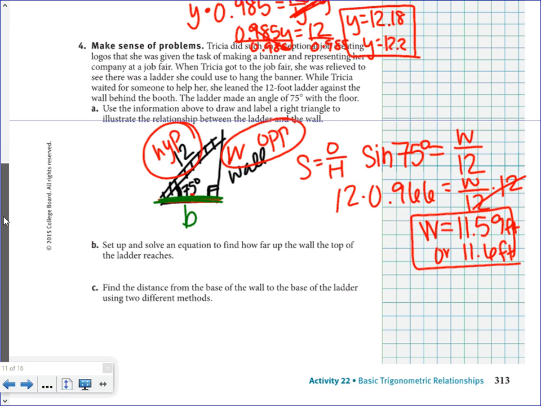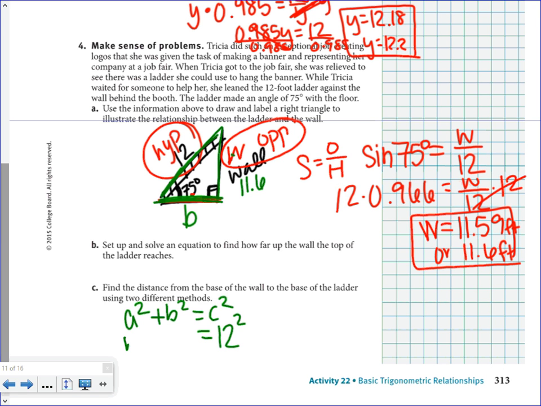So on this one, two ways to do this. You can use Pythagorean theorem. You have one missing side. We now know that W is 11.6. And we know the hypotenuse is 12. So in this triangle, we could say A squared plus B squared equals C squared, where C is our hypotenuse, which is 12.